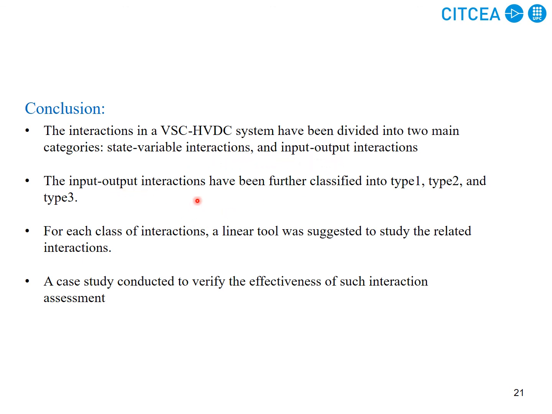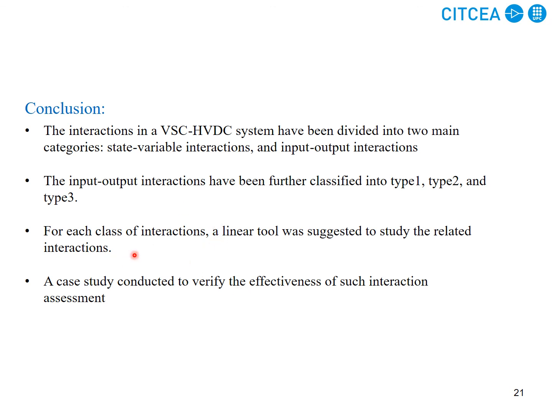The input-output interactions we divided into three types: single input single output, multiple input multiple output, which is about the coupling between control systems, and type 3, which considers all the inputs and all the outputs together. The decision on which inputs and outputs all depends on the design and the system.